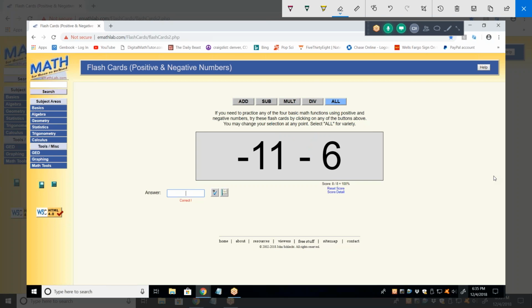And the first step is to change the subtraction sign to a positive, and then change the sign of what was being subtracted, which was a +6. Instead of subtracting a +6, we're going to add a -6. Well, what is -11 plus -6? Positive? Nope, not doing multiplication here. -17. Okay.